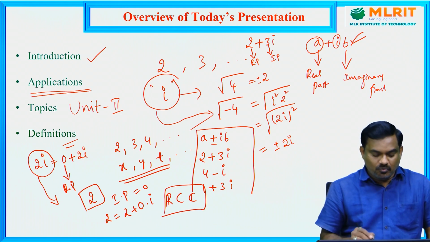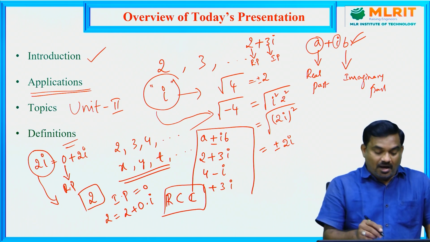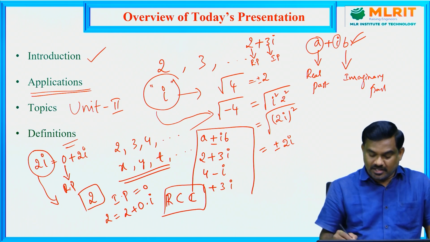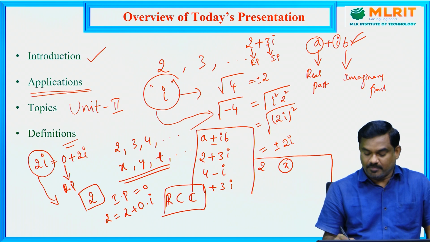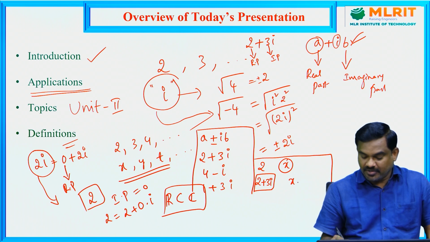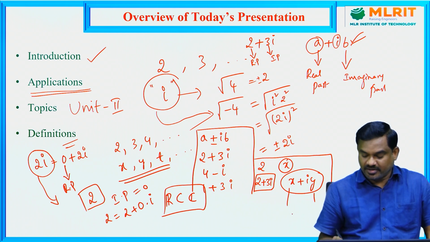Here we deal with such complex numbers. Just as 2 is a constant whereas x is a variable, 2 plus 3i is a complex number, whereas if I write x plus iy, this is called a complex variable, where x and y are real variables.